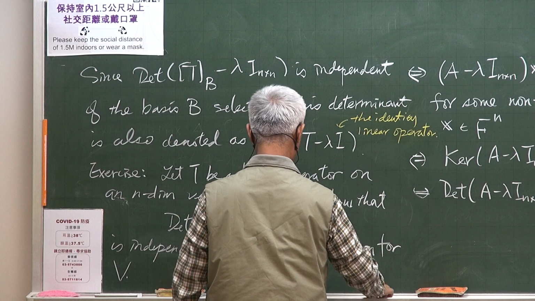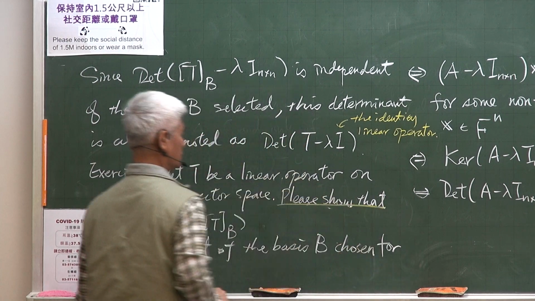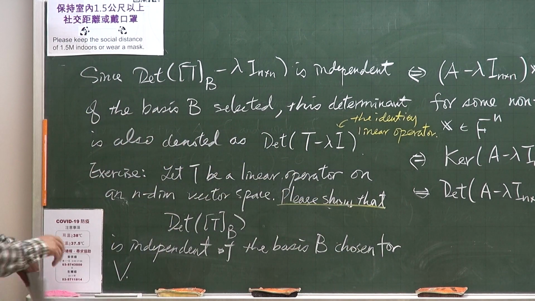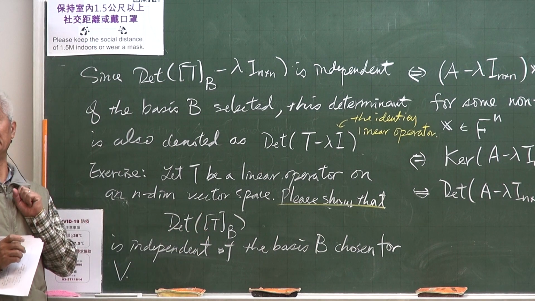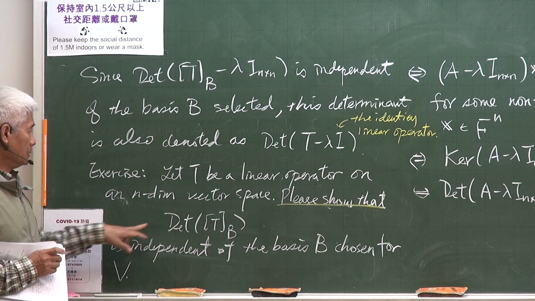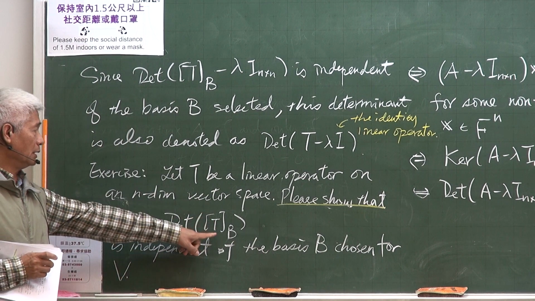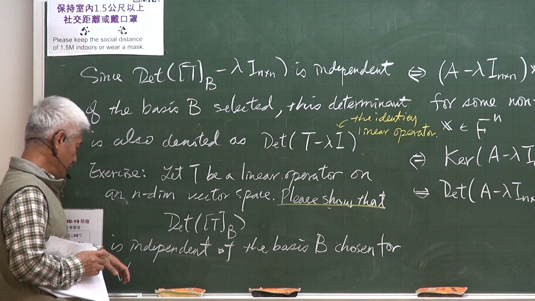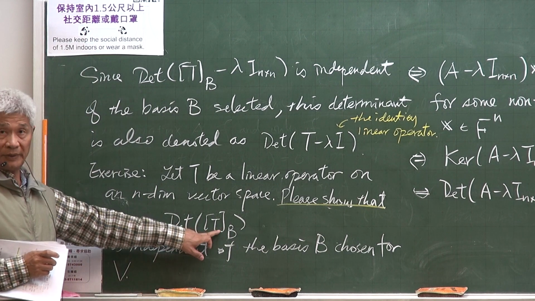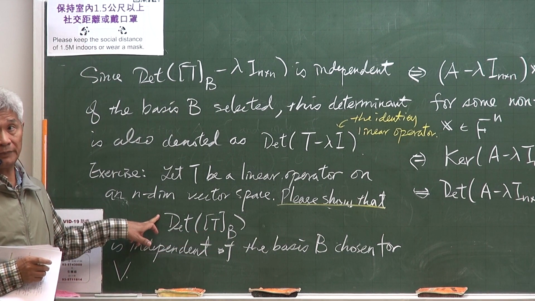Please show that the determinant of the matrix representation is independent of the basis. Given an arbitrary basis B for vector space V, you get a matrix representation, so you can compute its determinant, of course.